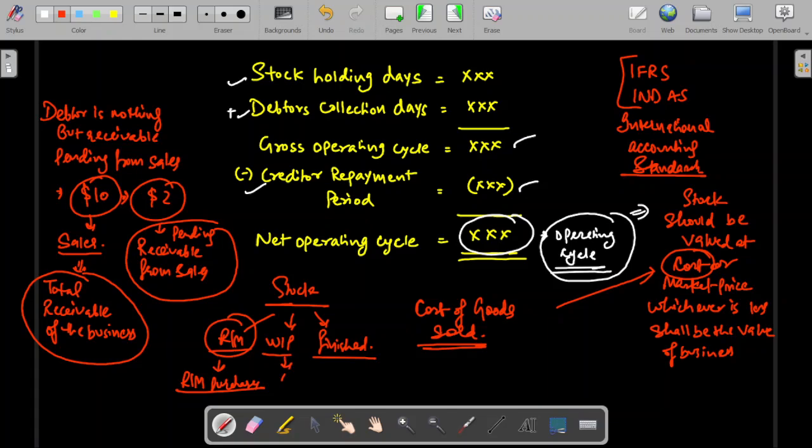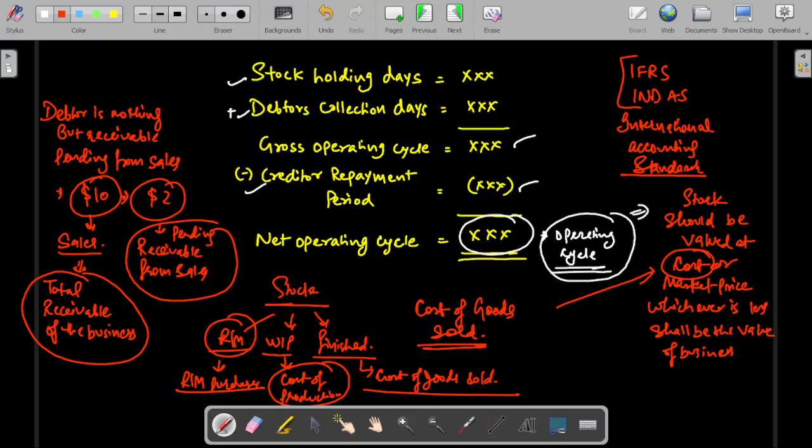Work in progress is linked with cost of production, that is raw material consumed plus manufacturing expenses. Finished goods are linked with cost of goods sold. This is the accurate way to do it, which we do in our academics.